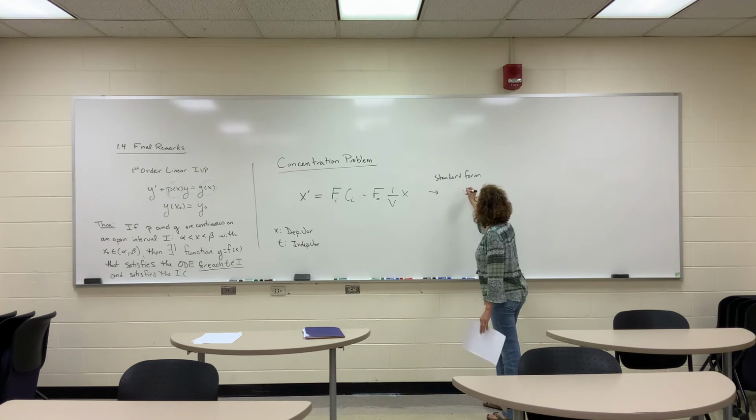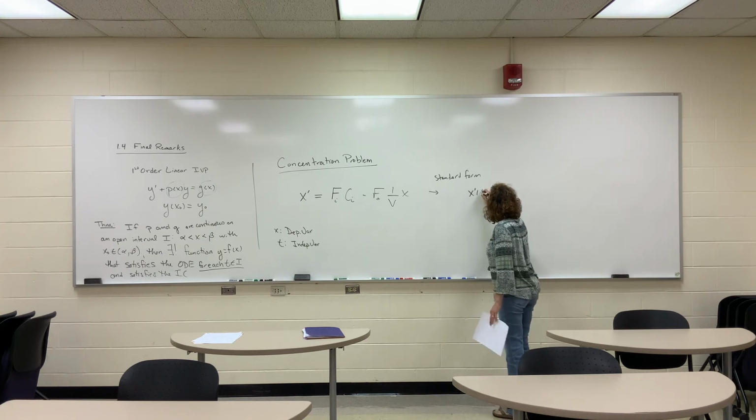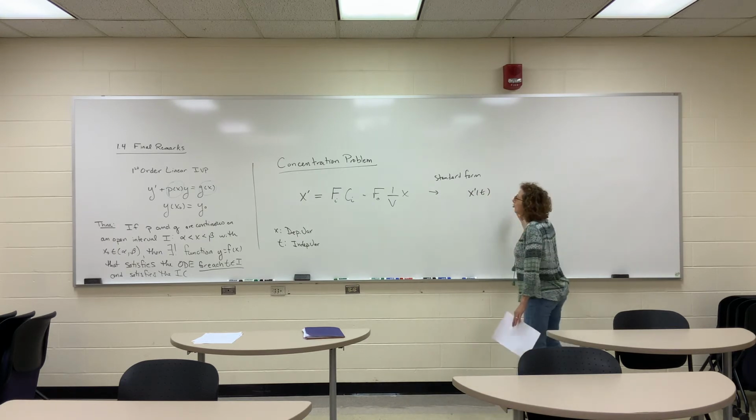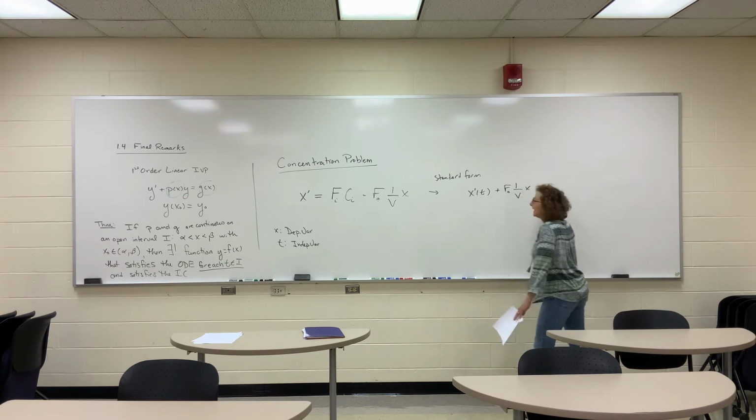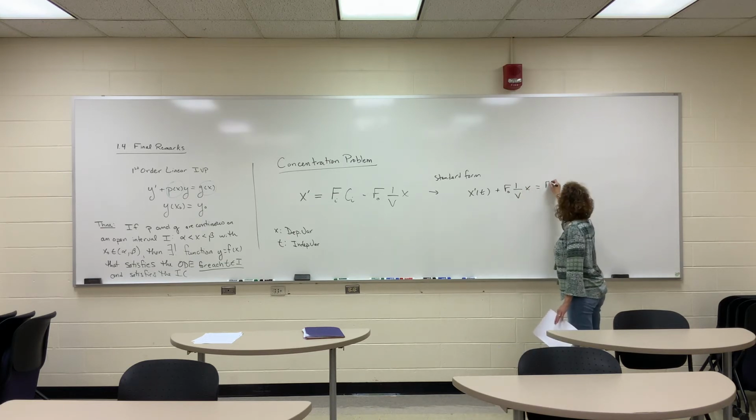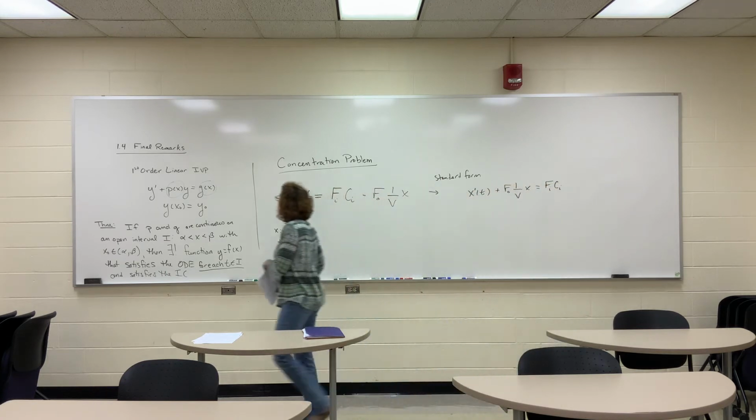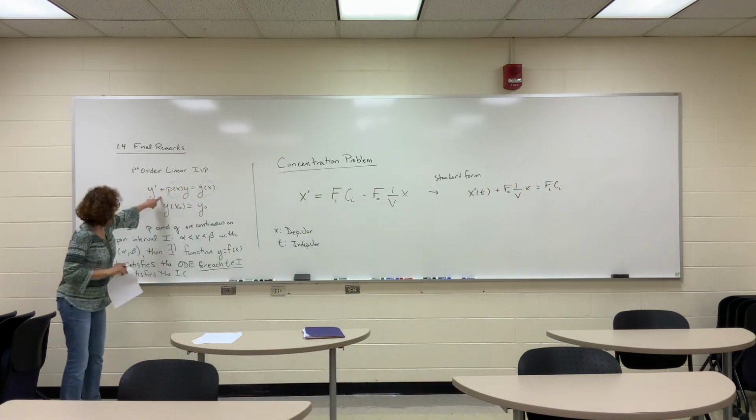All right, so how would we write it? We would write it as X prime of T, just to be clear. We would bring that piece across, plus F0, we'll talk about what that is, times 1 over V times X is equal to FiCi, yeah? Now we're in this form, right?